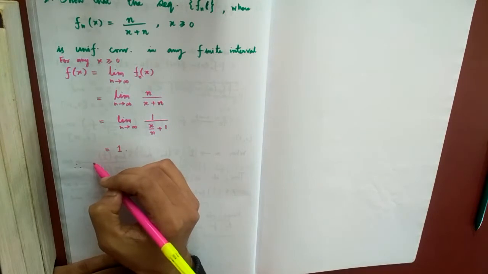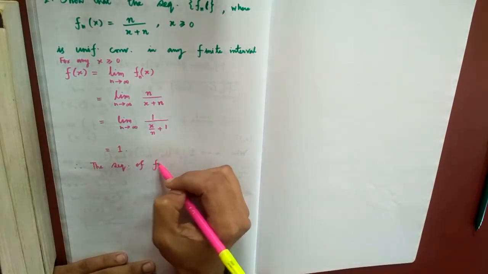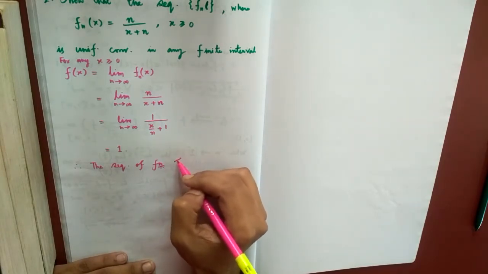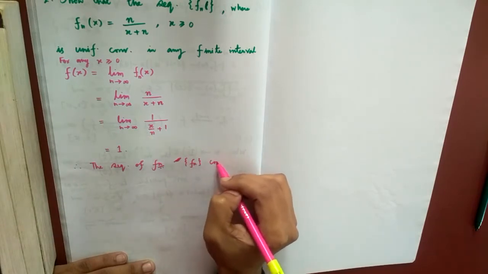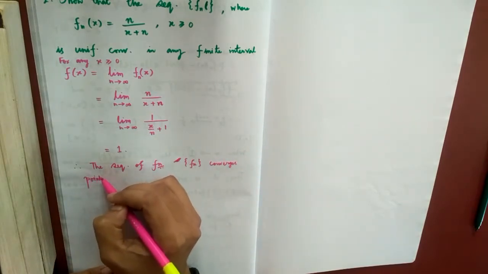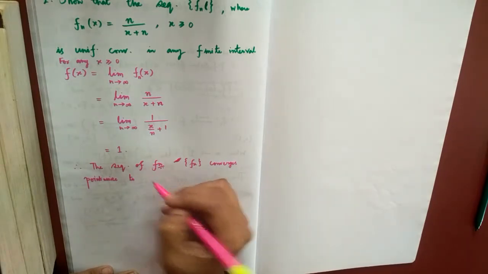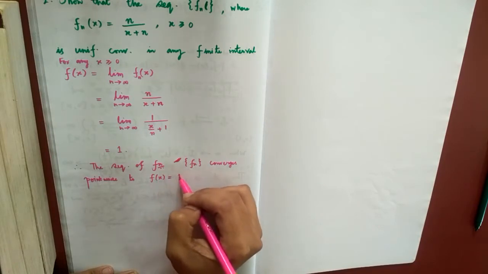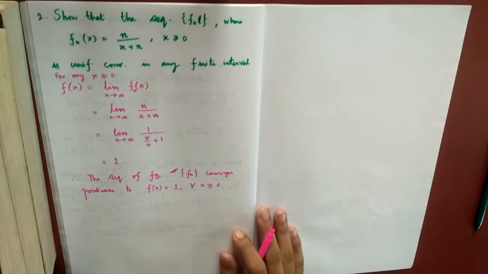Therefore, the sequence of functions f_n converges pointwise to f(x) equals 1 for all x greater than or equal to 0. So the pointwise limit is 1.